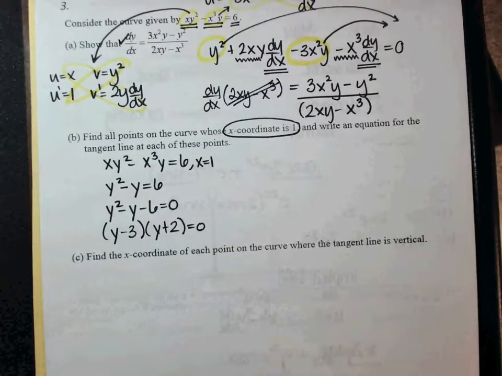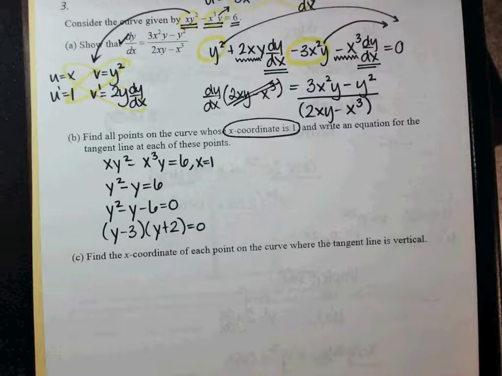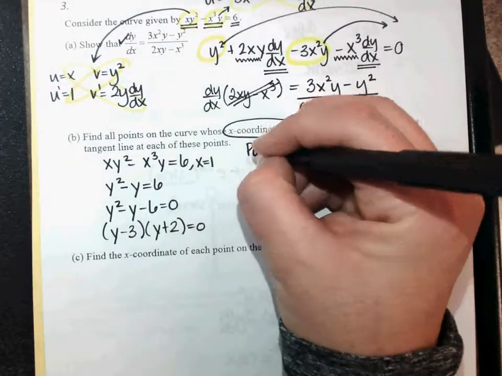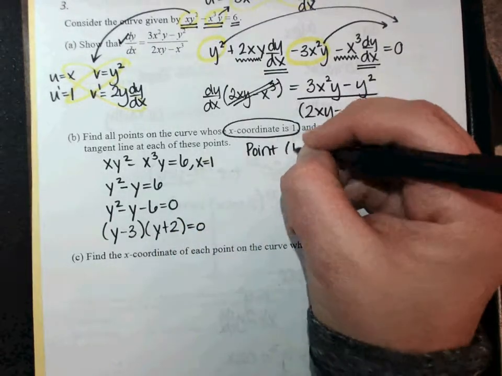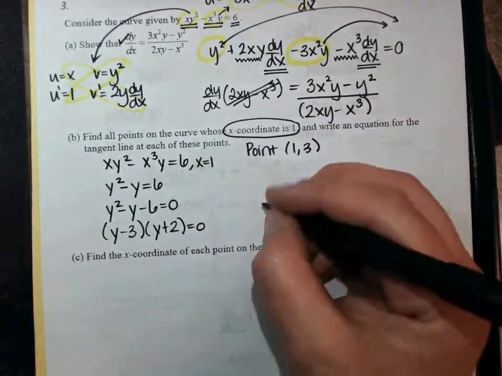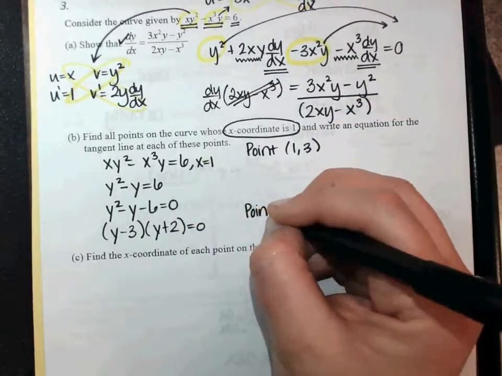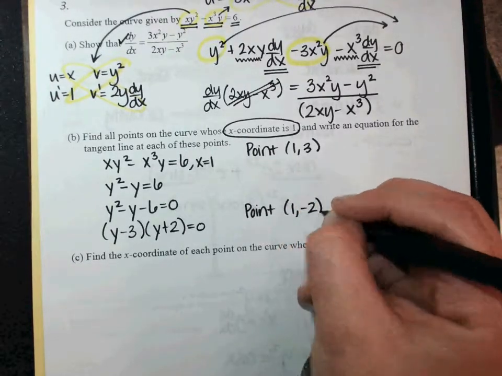Which means that this is important. My x value is 1, but if I got 2 different y values, how many points do I have? 2. So one of my points is going to be (1, 3). And my second point, very good, is going to be (1, negative 2).